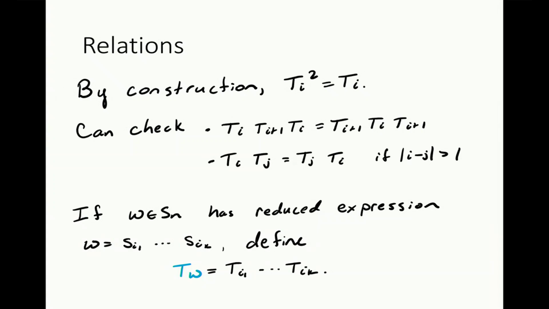If we have a reduced expression of w as a product of simple reflections, we'll define the operator T_w to be the corresponding composition of those T_i's. And it doesn't matter, because of the braid and commutation relations, which reduced expression we pick; we get the same ultimate operator in the end.